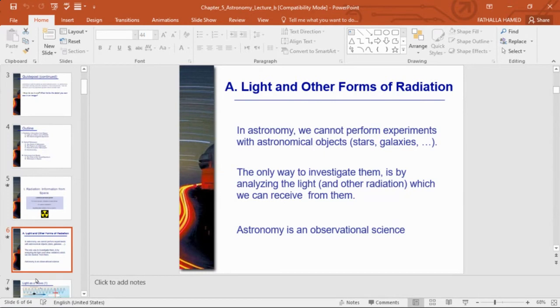What do we receive from them? What we receive is basically radiation. And light is a form of radiation as well. And light has a very interesting story.